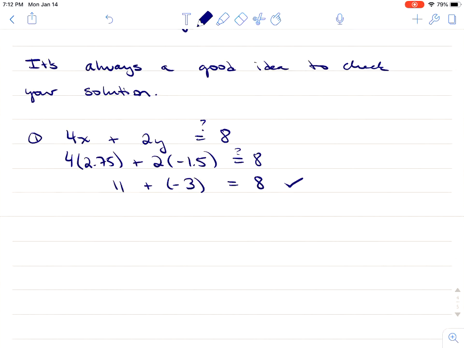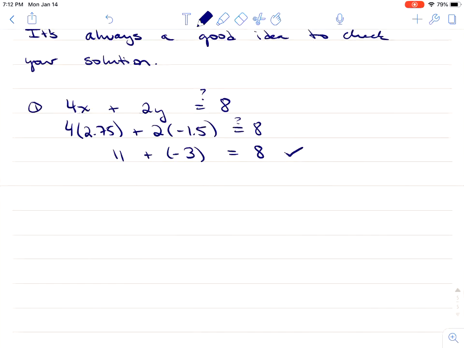How about the second equation? To be a solution, it has to solve both equations at the same time. So let's check the second equation as well. 2x minus y, does it equal 7?